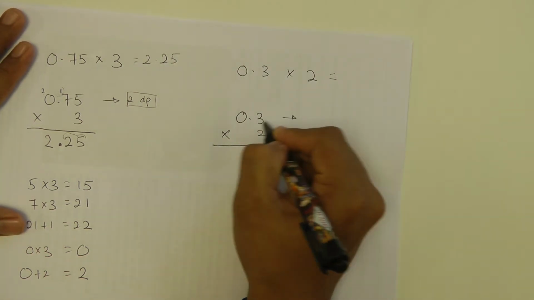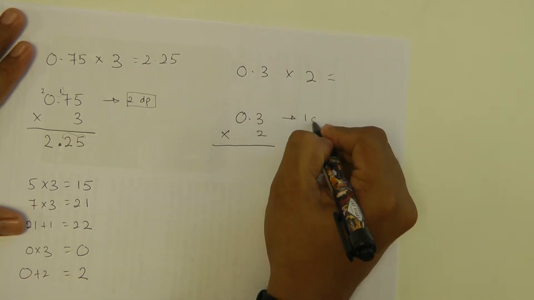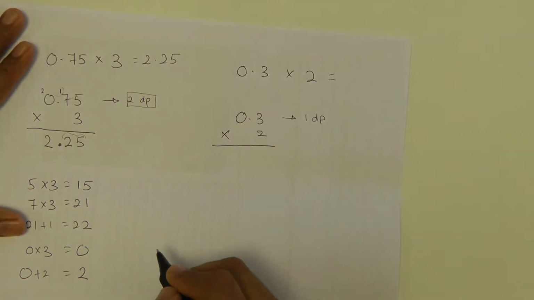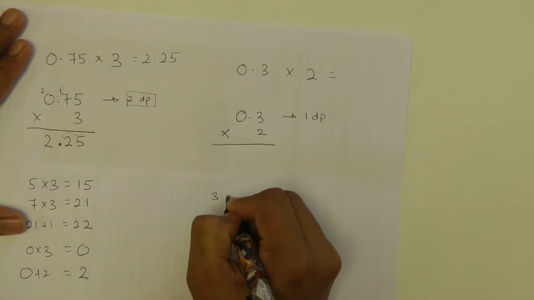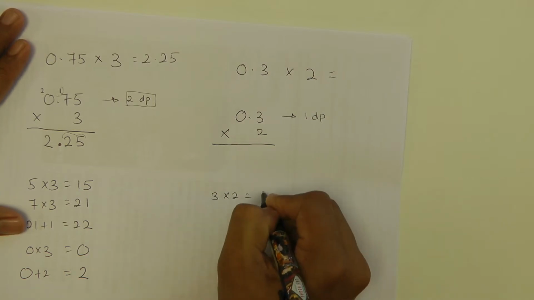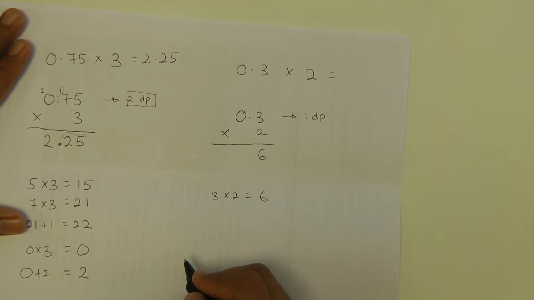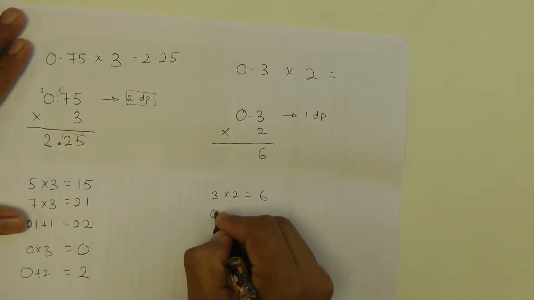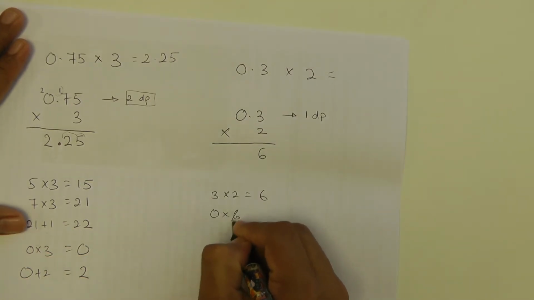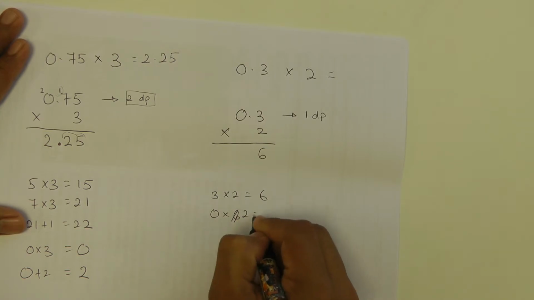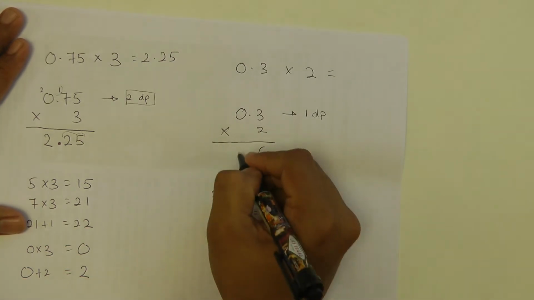I need to take note of how many decimal places I have, and for this case I have 1 decimal place. Okay. Next, I'll take 3, multiply it by 2, I will get 6. What's next? 0 multiplied by 2, I get 0.